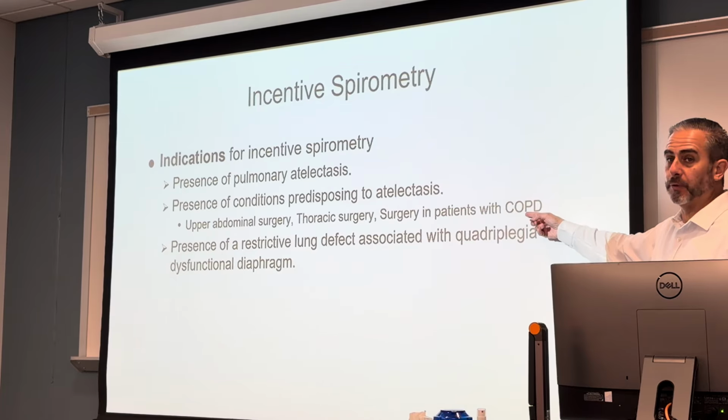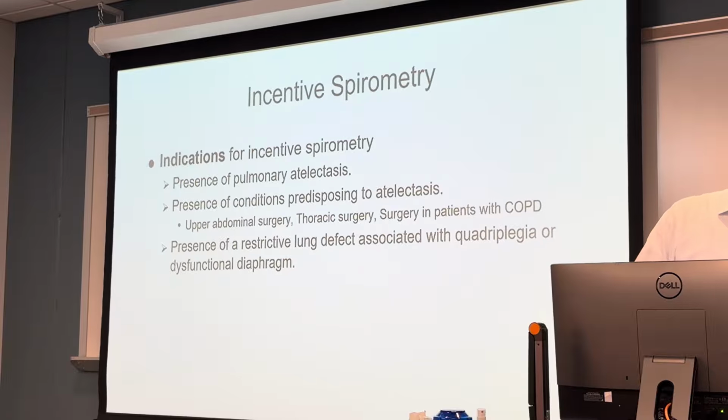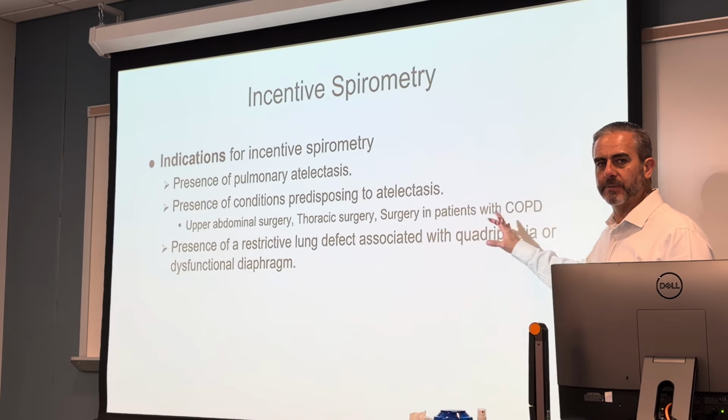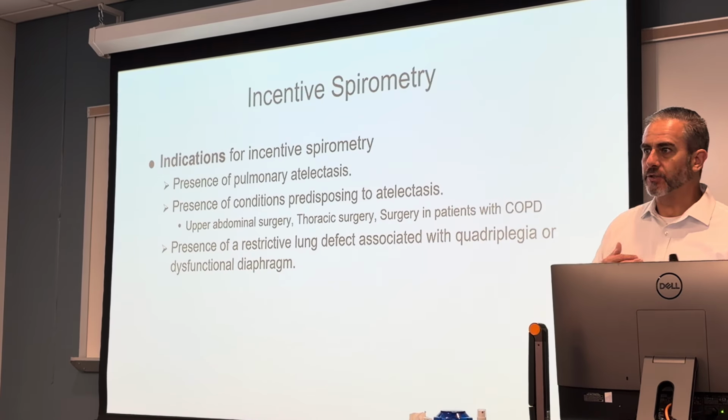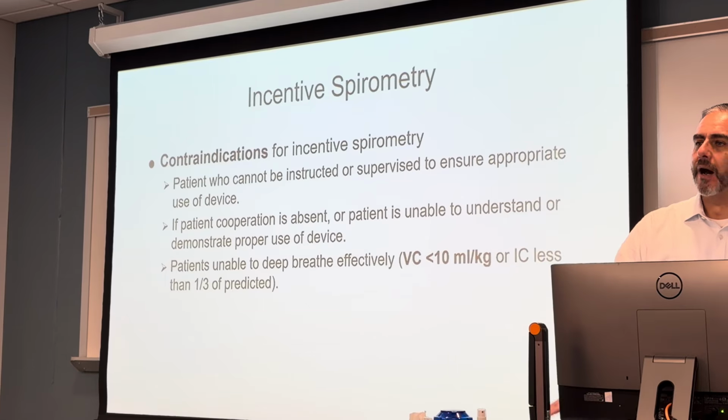Maybe that surgical patient who did have a pulmonary history would benefit. Patients maybe with quadriplegia or a dysfunctional diaphragm. Maybe some of those neuromuscular disorders that can lead to impaired breathing could be an indication for incentive spirometry.